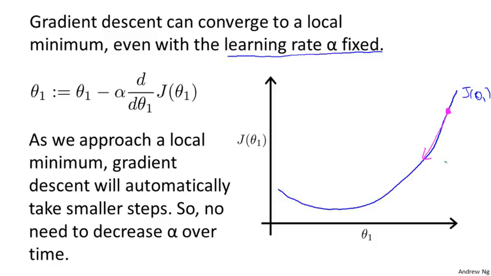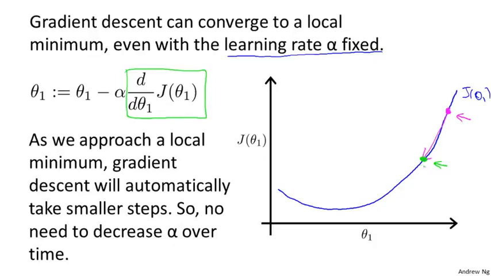Now I'm at this green point, and if I take another step of gradient descent, you notice that my derivative, meaning the slope, is less steep at the green point than compared to at the magenta point, right? Because as I approach the minimum, my derivative gets closer and closer to 0. So after one step of gradient descent, my new derivative is a little bit smaller.